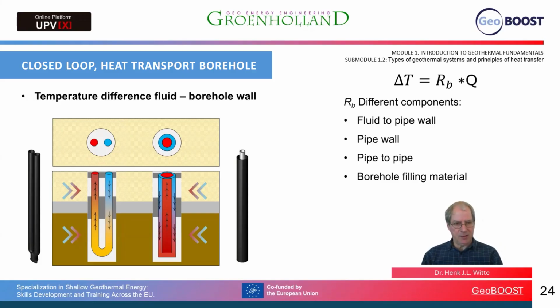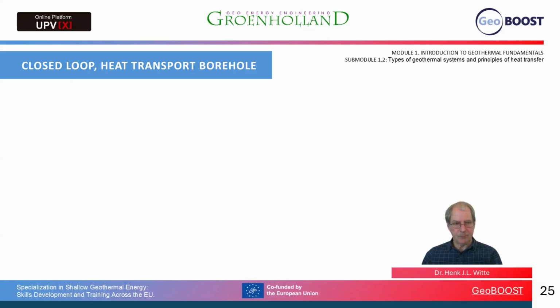In a concentric heat exchanger, the one flow channel is actually inside the other flow channel. So there is heat exchange between the two flow channels. The pipe-to-pipe thermal resistance tells us how big this heat exchange, this heat loss, is. And of course, we also have the borehole filling material and the borehole radius itself.